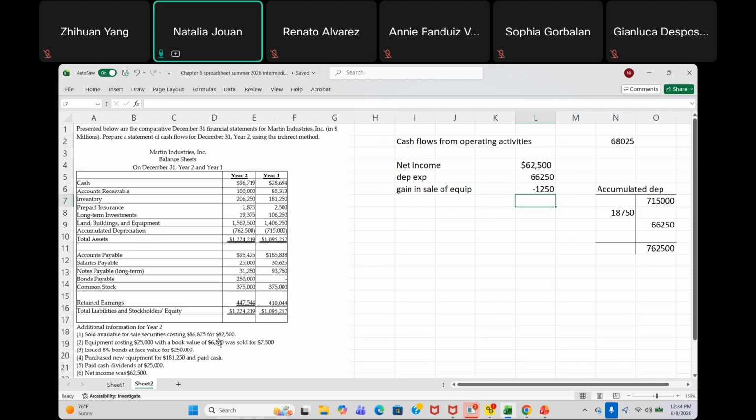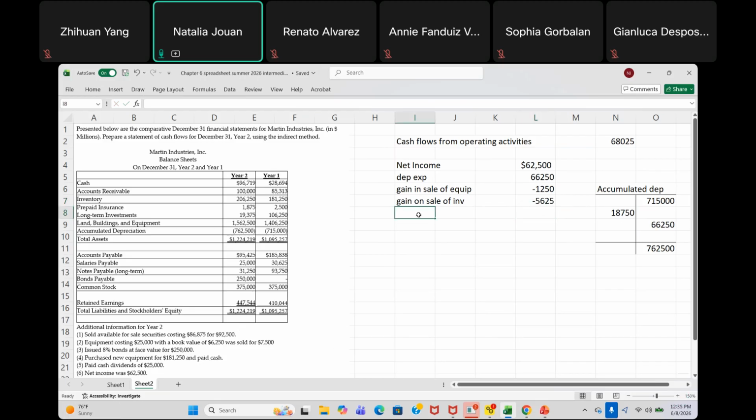This is another gain right here, a gain on sale of investment. We go from 92,500. Actually, let's make it a negative: 86,875 minus 92,500. Now we have a gain of 56.25 that we need to subtract. That's it. It doesn't look like we have any other gains or losses.